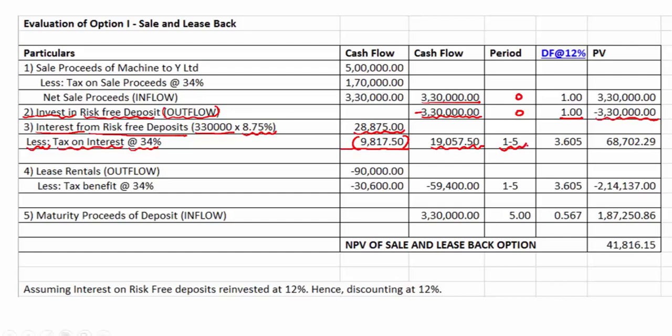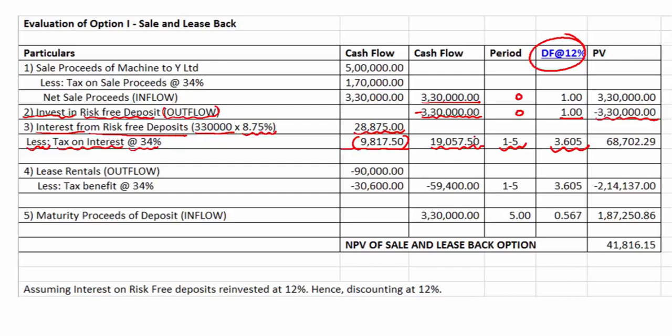Now I have to find the present value of this because I'm going to get this continuously for the period 1 to 5. At what rate should I discount? Should I discount it at 8.75? No, I cannot, because I want these monies, this interest, to be reinvested in the business at cost of capital, which is 12%. So for 12%, present value annuity factor for 5 years period works out to 3.605.